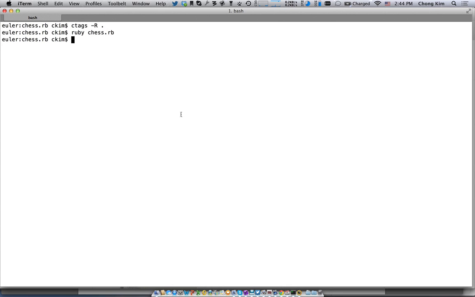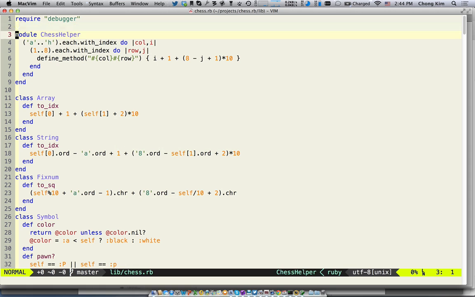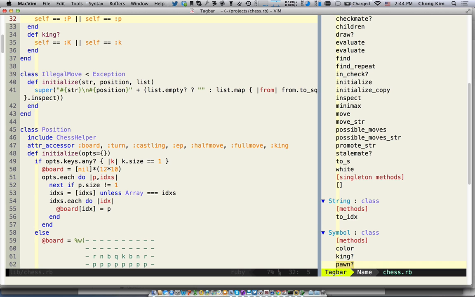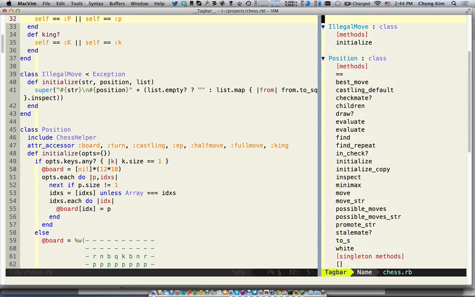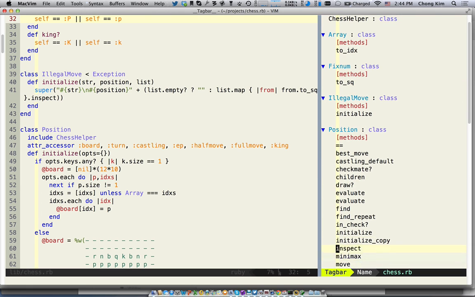Let's open it up and take a look at lib chessRB. Okay, when we look here, this is alphabetical. So here's position. Oh, see that there's two evaluates.